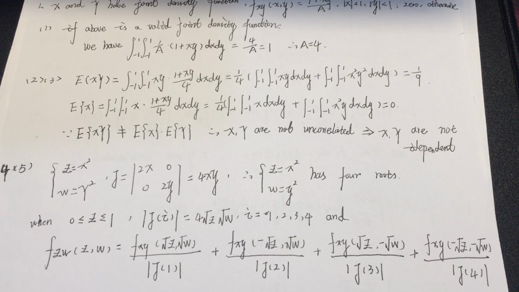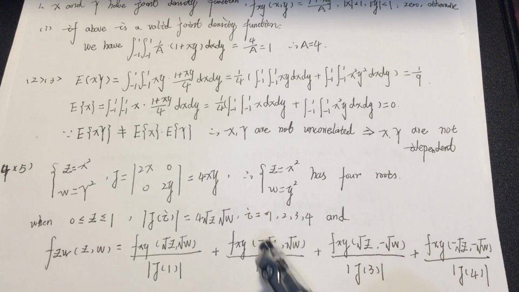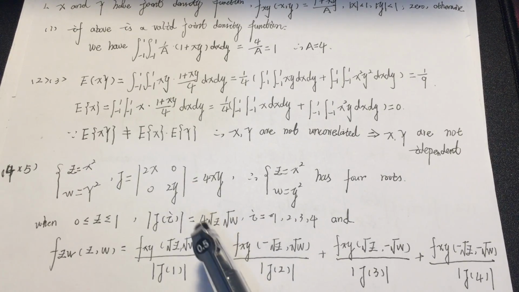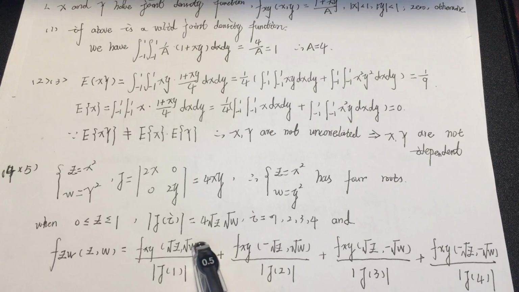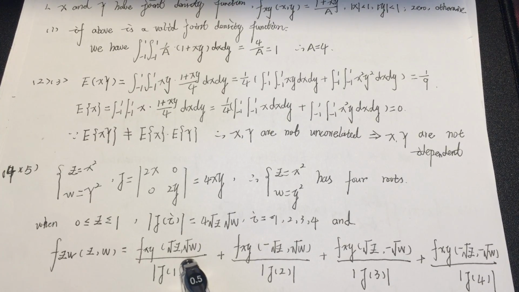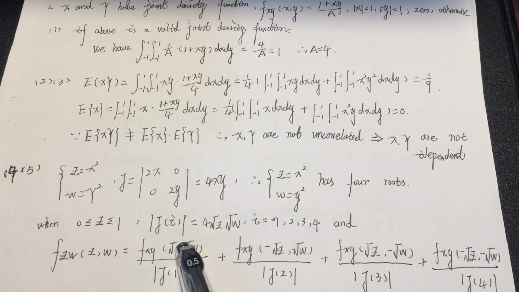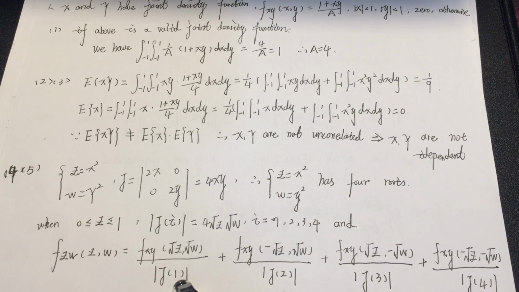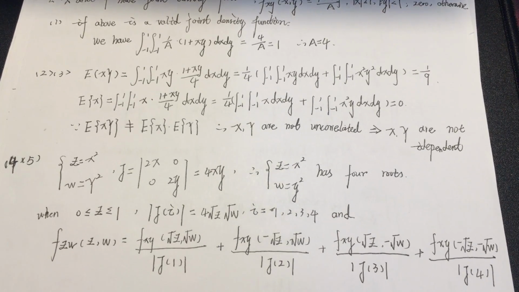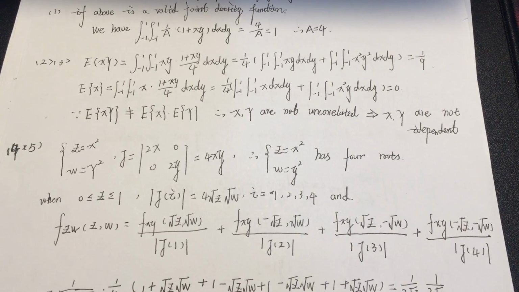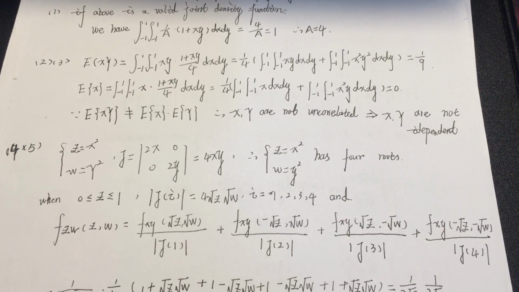If we want to get the density function of ZW, we just write f(x,y), the density function of XY, plug in the transform function from x to z, over the J, and we accumulate all these possible equations to get the density function of ZW.